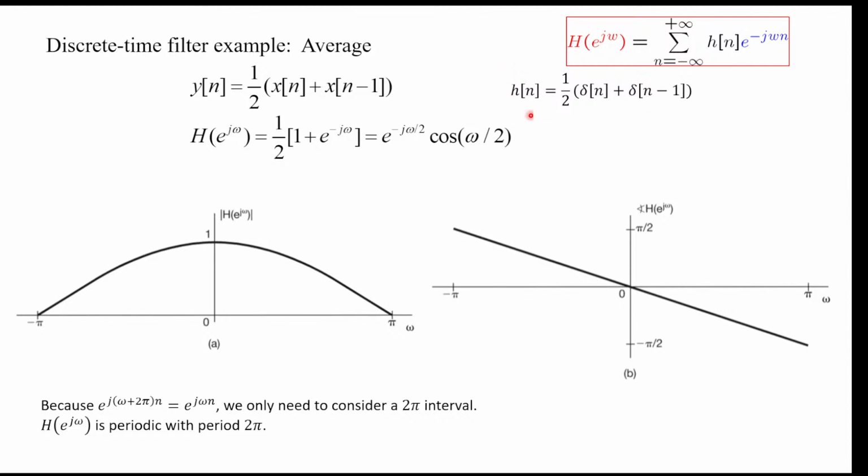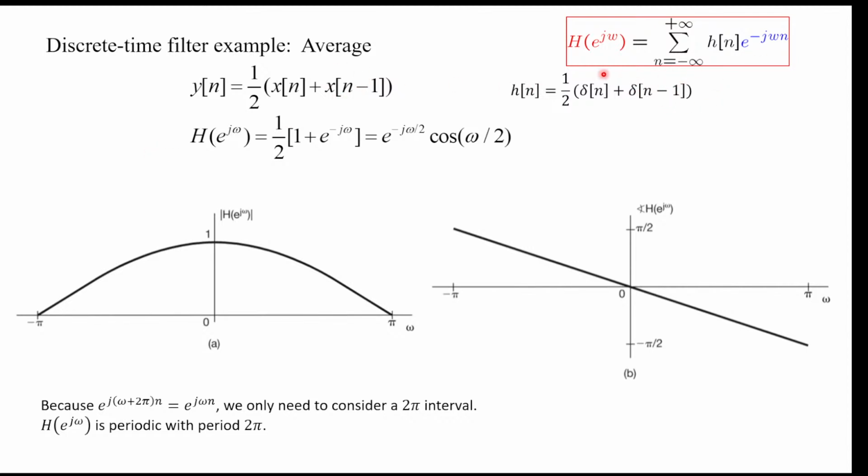We calculate small h[n] first. By linearity, x[n] has h[n] equal to the delta function, which is the identity channel, and for the time delay you have delta[n-1].